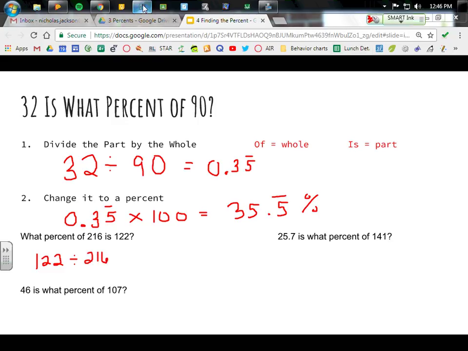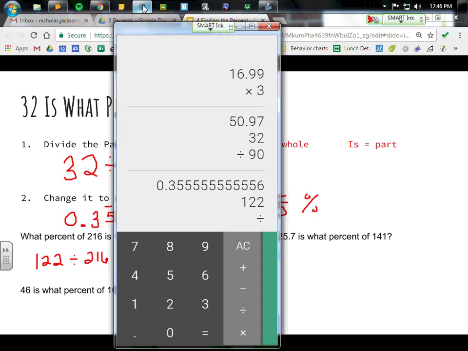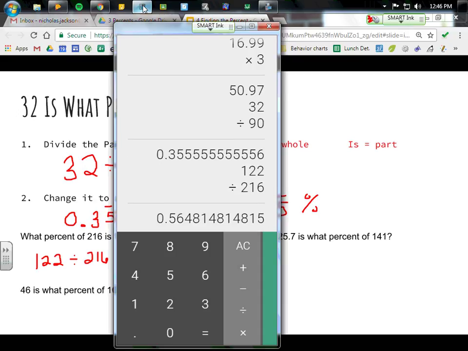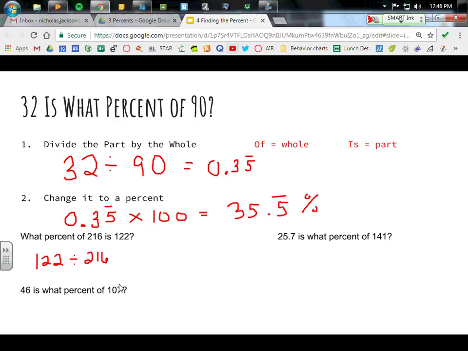When we do that, we get, well, it's not quite an irrational number, but almost. So let's just round it to 56 hundredths. Actually, let's round it to 564 thousandths to be a little bit more accurate.